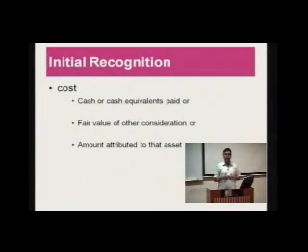For example, if I acquire an asset and we are going to pay for it through shares, then IFRS 2 will be applicable. We will see that in another session. But otherwise, for the time being, IAS 16 says the asset will be recognized at cost or at fair value at the initial recognition.